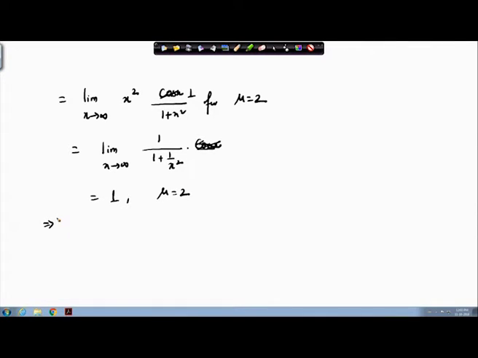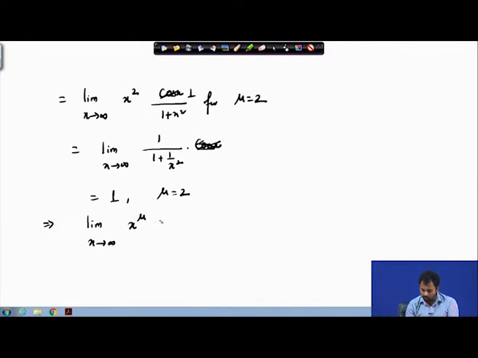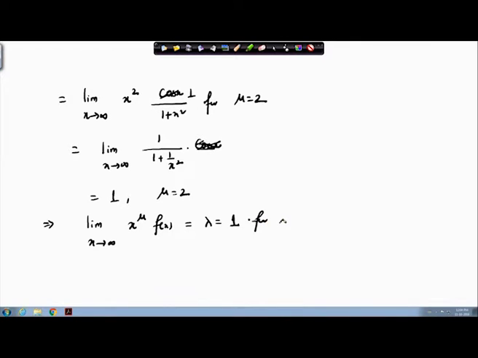The message which I want to convey is that the limit as x goes to infinity of x to the power mu times f(x) equals lambda, which is basically 1 for mu equals to 2, which is greater than 1.